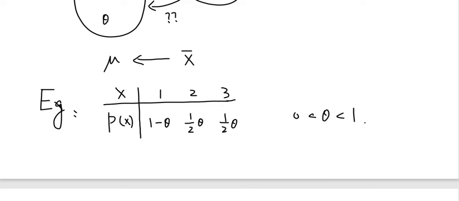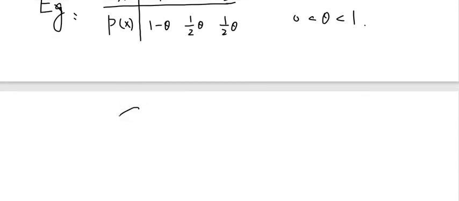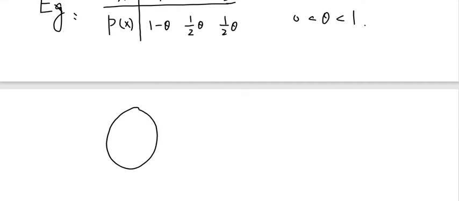Then we take a sample. Suppose this population can only take the numbers 1, 2 and 3. We take a sample, and suppose the data is four 1s, two 2s, and four 3s.